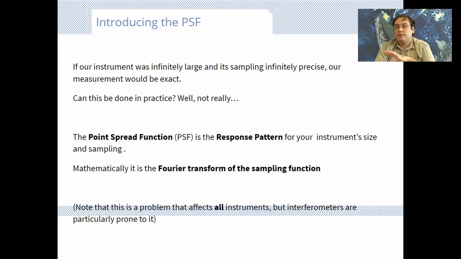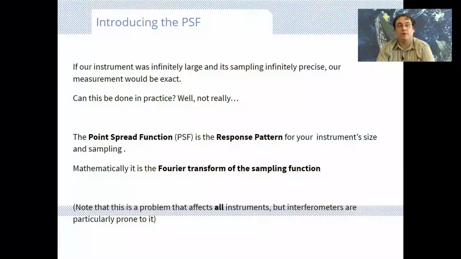So this effect can be seen across other instruments as well. For instance, if we look at the Hubble Space Telescope, on all strong stars, you'll actually see a cross-like pattern on the image, and that is Hubble's PSF.